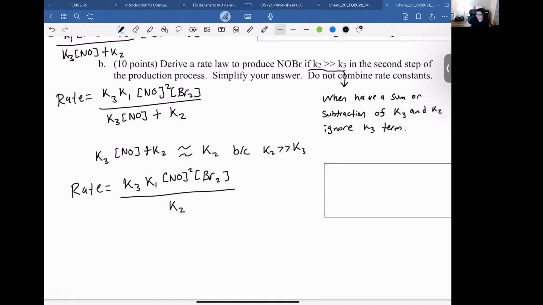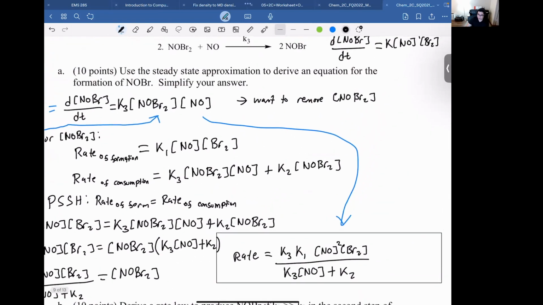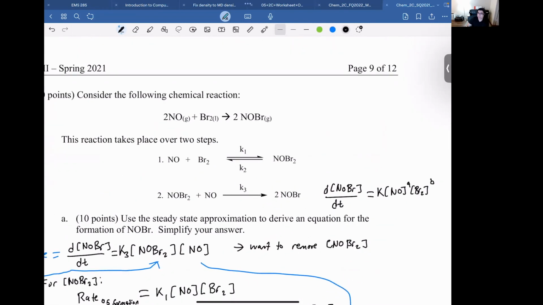You always get the overall rate from the first step. The overall rate will be the thing that you're forming. So typically it's the product in the last step, but then the reactants do come from the first step or from subsequent steps where they kind of get added in and are used for the formation.